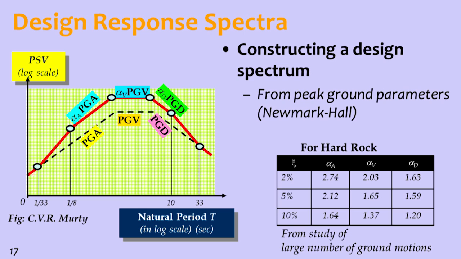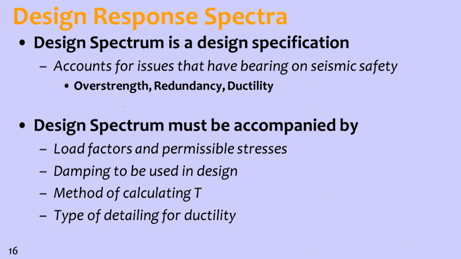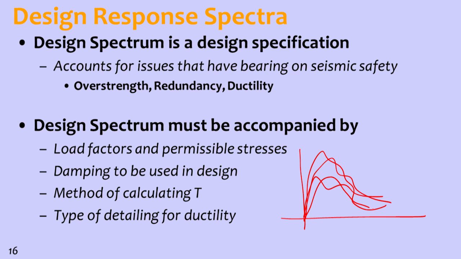This design spectrum will be smoothened out. Say we have many spectra, with T on the x-axis and acceleration on the y-axis. We get the average response spectrum, something like this.